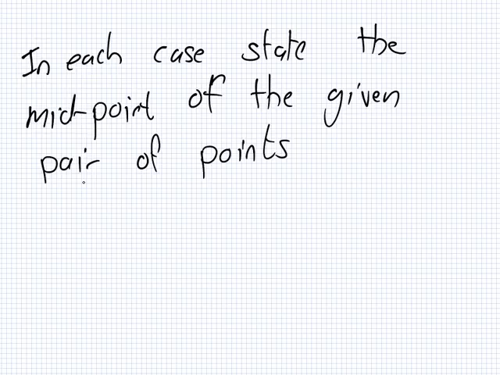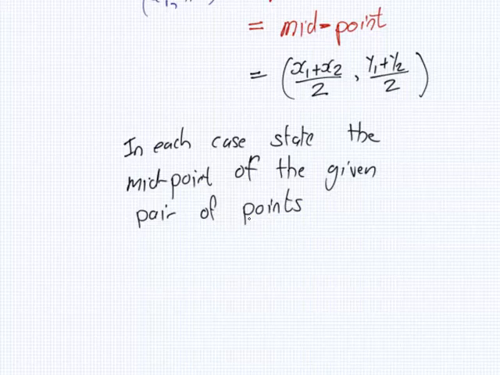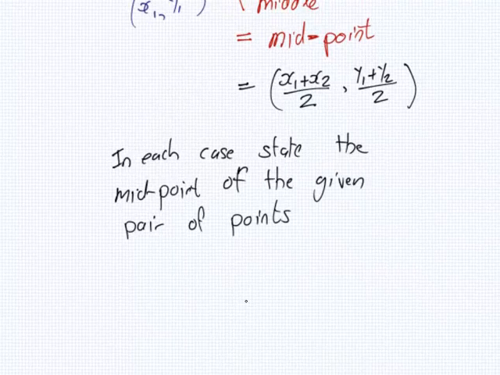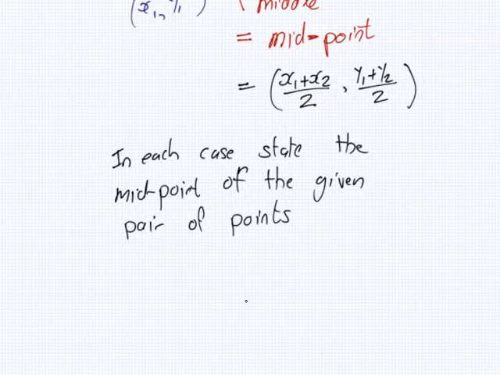Okay. First part, we'll do it together. What does this mean, in each case? Yeah, very good. So in each case means for A, B, C, D, etc. Good. State. What's this verb? State means find. Tell me.